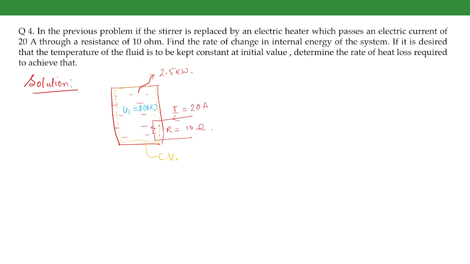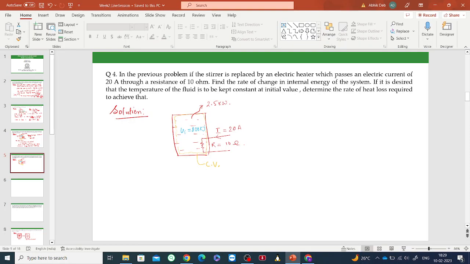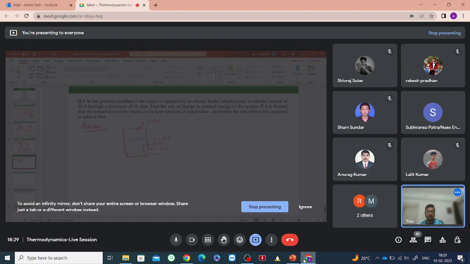Now we have to find the rate of change of the internal energy of the system, and the next part of the problem is, if it is desired that the temperature of the fluid is to be kept constant at the initial value, what is the rate of heat loss required to achieve that? Okay, so first, the pedal has been replaced by an electric resistance heater.